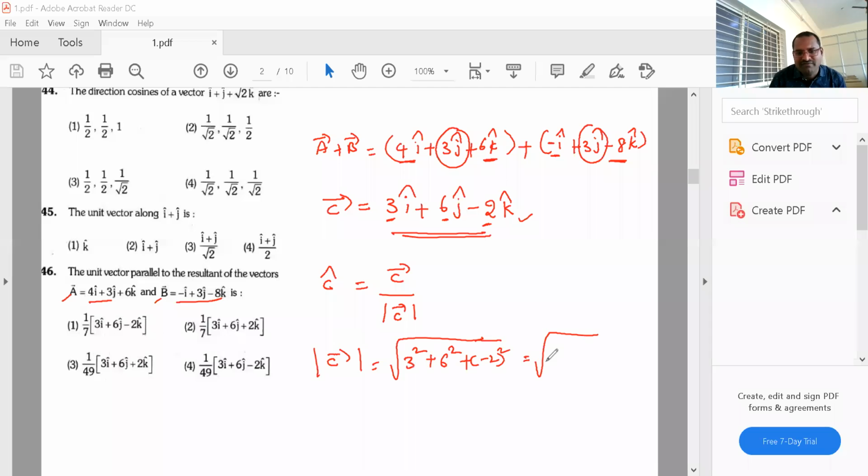So under root of 9 plus 36 plus 4, which is root 49, nothing but 7. So 3i cap plus 6j cap minus 2k cap divided by 7. This should be the answer. It is the first option.